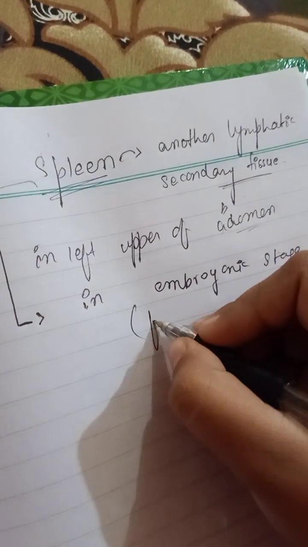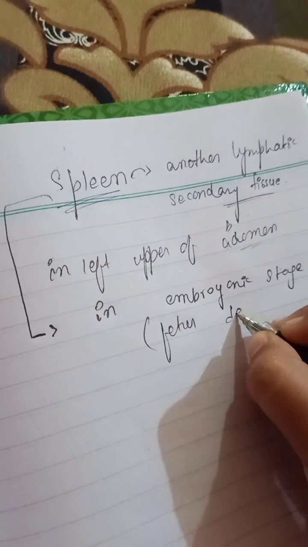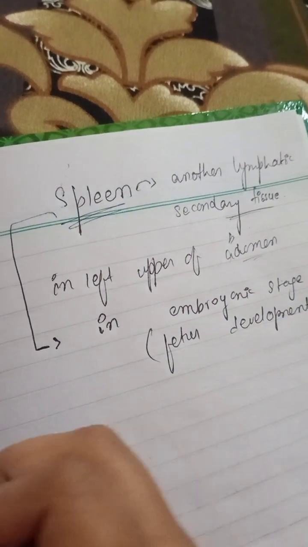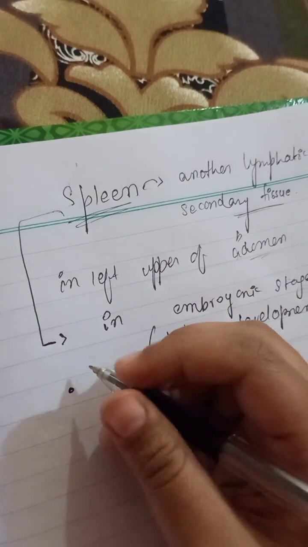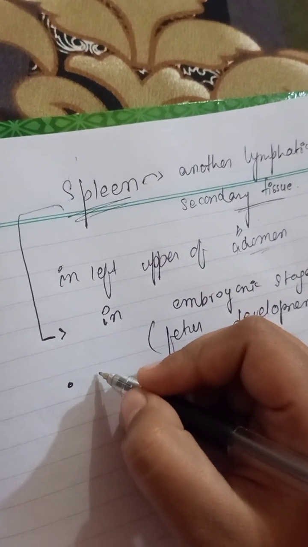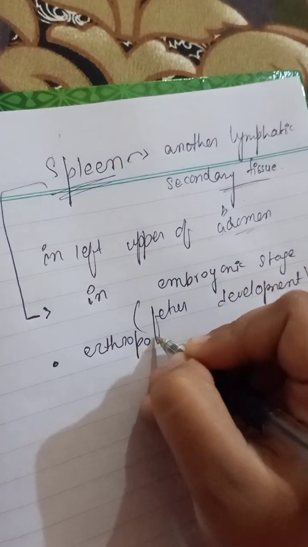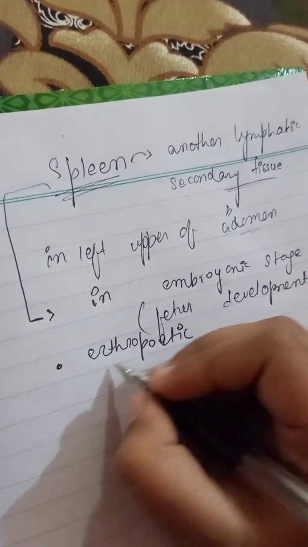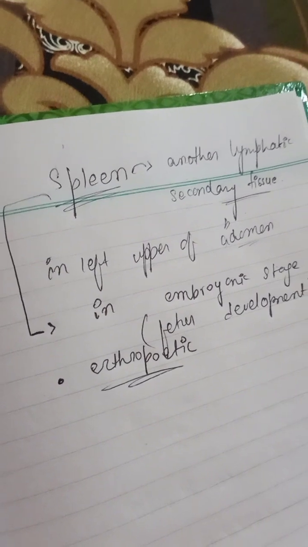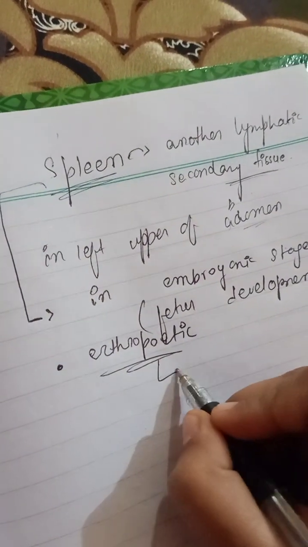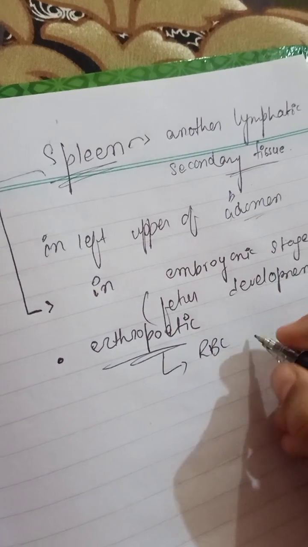If we talk about the embryonic stage, that is, in the fetus when it is developing before birth, there is a process that occurs in the spleen, which is erythropoiesis. Erythropoiesis is the process of RBC production.